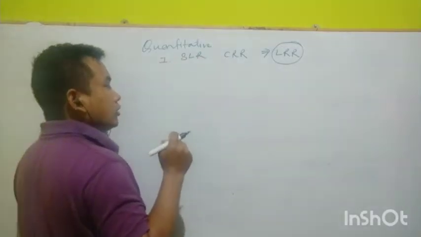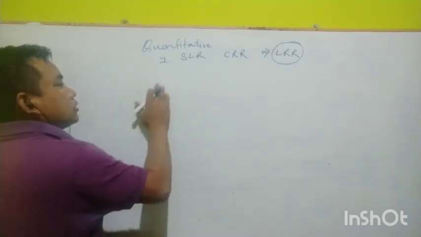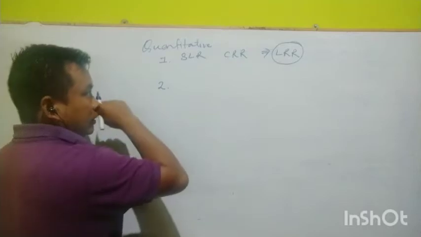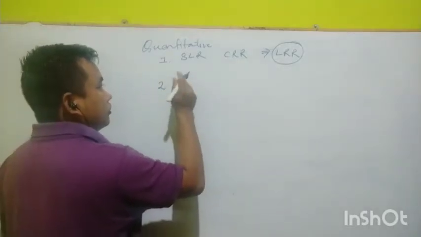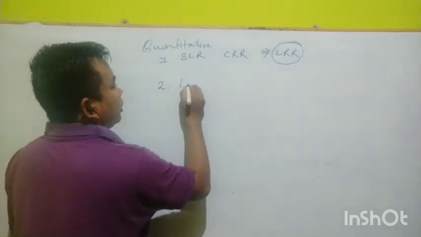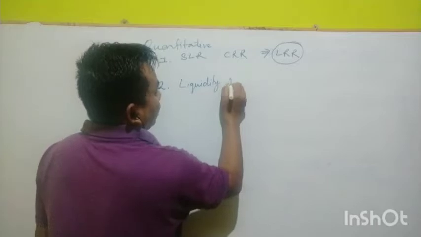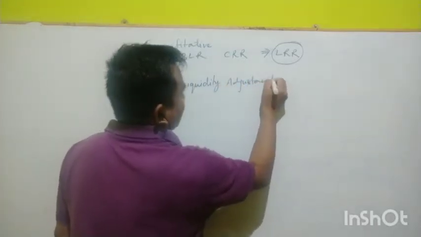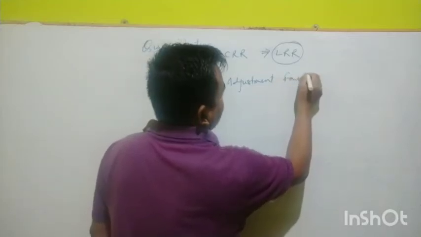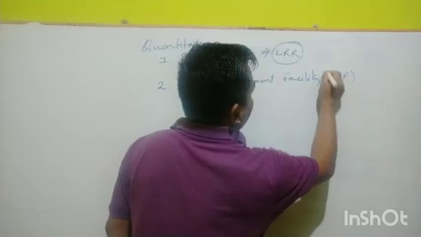Under the quantitative tools, that was the first one. The second tool under the quantitative tools is the liquidity adjustment facility, in another word the liquidity facility, LAF.